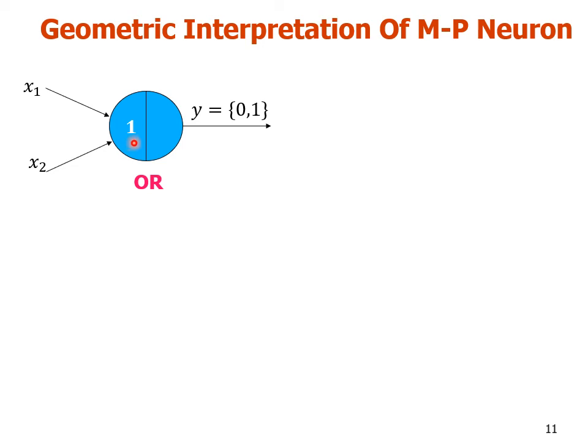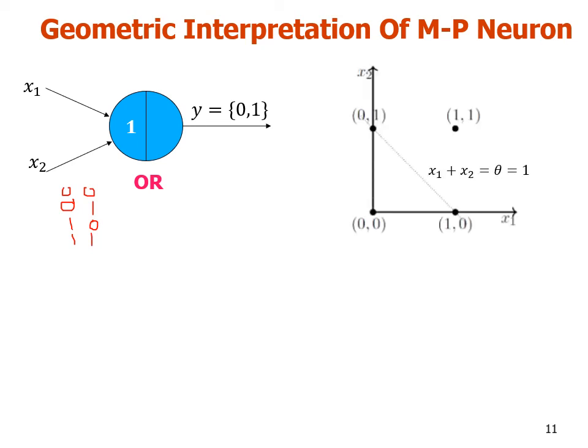As the inputs are Boolean, we have only 4 possible combinations: 0 0, 0 1, 1 0 and 1 1 for x1 and x2 respectively. Now plotting them on a 2-dimensional graph and making use of the OR function's aggregate equation, we can have the decision boundary denoted here as x1 plus x2 equal to 1.